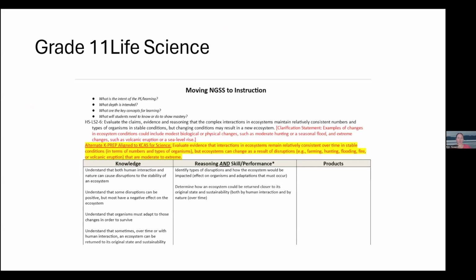All right, so this is another standard that you need to teach in grade 11. It is evaluate claims and evidence and reasoning that complex interactions in ecosystems maintain relatively consistent numbers and types of organisms in stable conditions, but changing conditions may result in a new ecosystem.